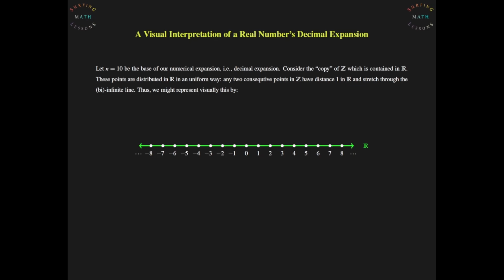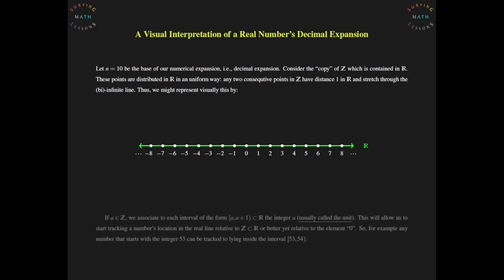This in turn induces a partition of the real line as a collection of disjoint intervals of the form [a, a plus 1), where a is an integer. Each interval of the form [a, a plus 1) contains all real numbers whose decimal expansion has integer part a.